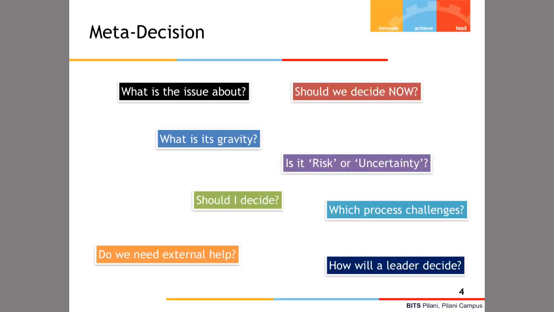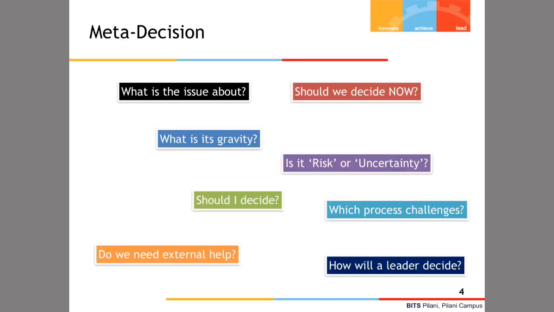Good leaders are the ones who do not make all the decisions by themselves. They will enable their team to make decisions. They will only fine-tune and establish a decision-making process rather than sitting on every decision. That is the hallmark of a good leader.